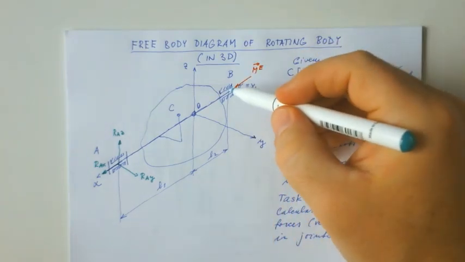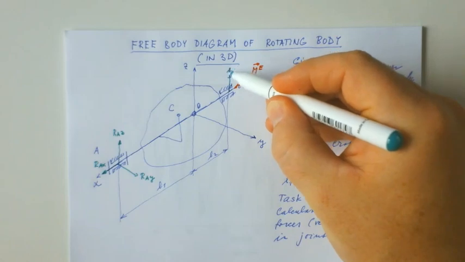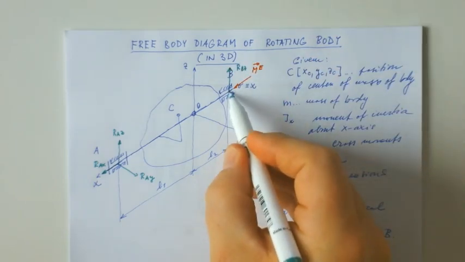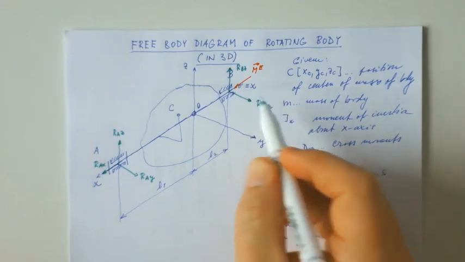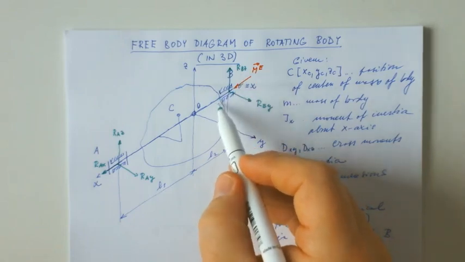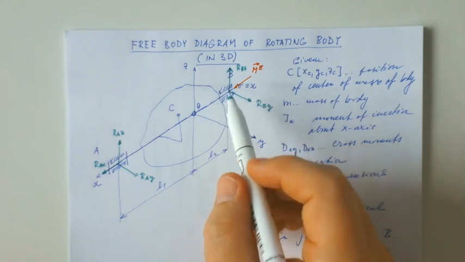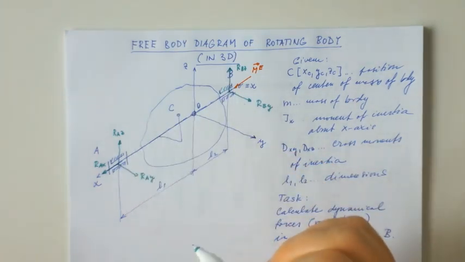A similar situation is in this joint B, so there we can expect RBZ, and in this direction RBY. There will be no X component at B because there is no sliding constraint.